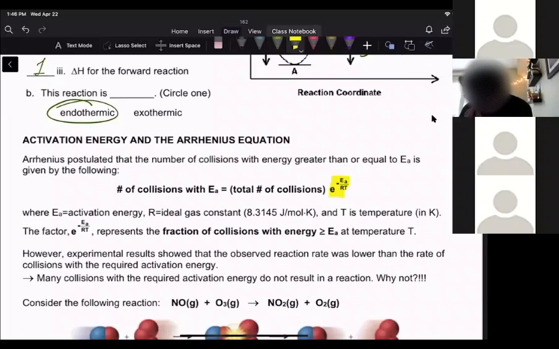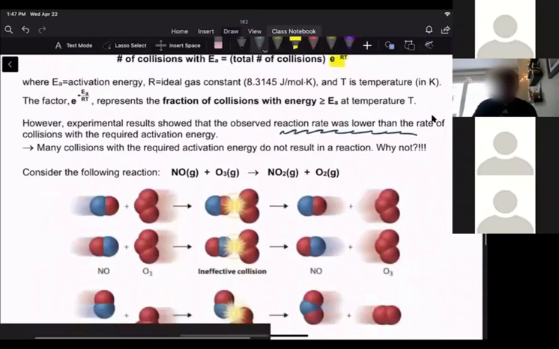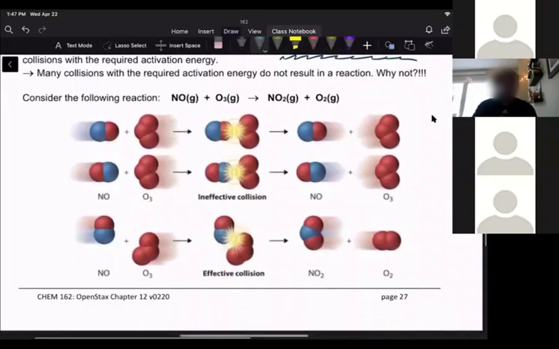So that represents that graph we saw, the leading tails of that curve, the ones that are above the EA. But the actual reaction rates are much lower than just that fraction of particles. And that's where we get the orientation coming in.